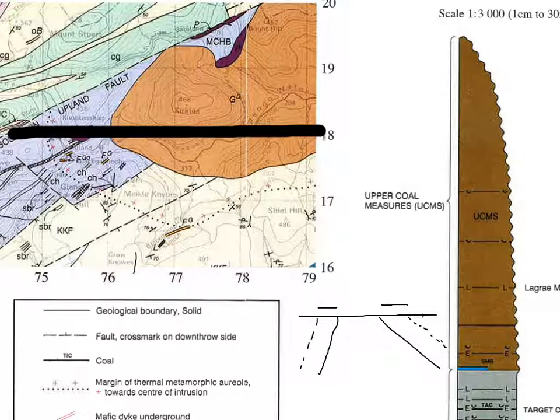The last part of the question asks you to give one other possible explanation for the thickness of this outcrop of metamorphic aureole, and there could be a number of things. This area here could be a rock that is more susceptible to change. It could be more this one actually, this would be less susceptible to change because it's narrower.